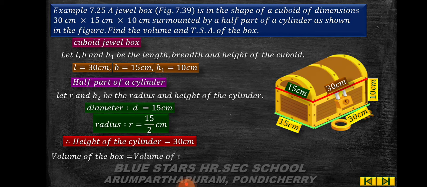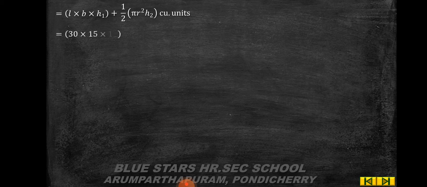So volume of the box is equal to volume of the cuboid plus 1/2 of the volume of the cylinder, because we have only the half portion of the cylinder. So which is equal to length into breadth into h1 plus 1/2 into pi r square h2 cubic units, which is equal to 30 into 15 into 10 plus 1/2 into 22/7 into 15/2 into 15/2 into 30.